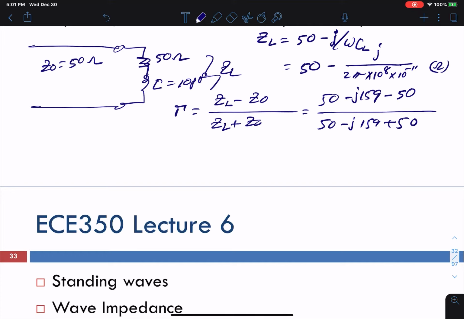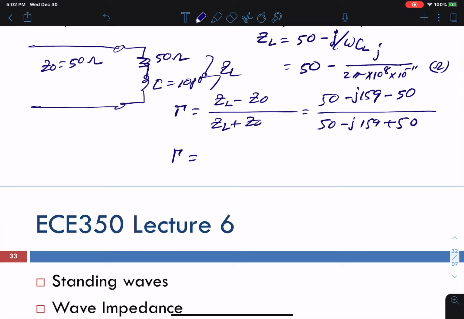Now if you do the math correctly, let me do it on my calculator. On the top I have only one thing: negative j159. Your calculator should have an option for i if you're using any scientific calculator. Then on the bottom I have 100 minus j159.